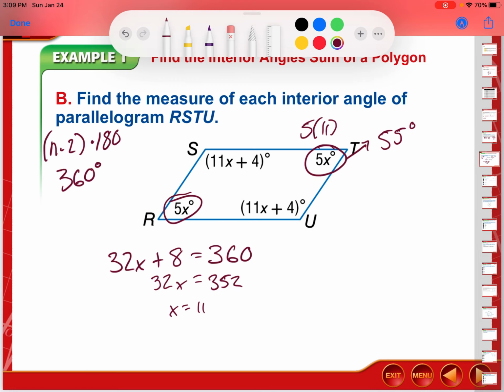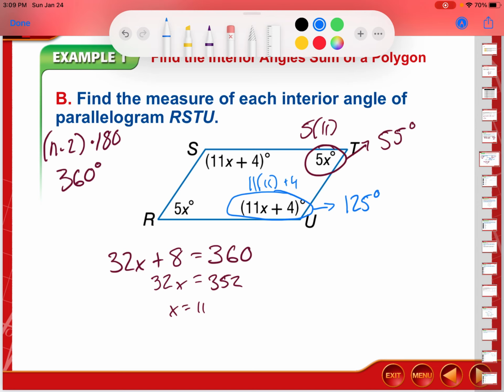Now I'm going to do the same thing on these other angles. We have two angles that are 11x plus 4. I'm only going to plug in 11 once. So I'm going to say 11 times 11 plus 4. 11 times 11 is 121, plus 4 is 125.